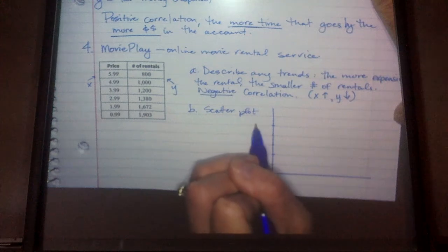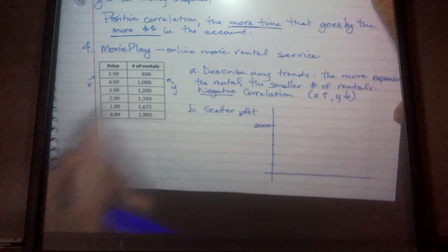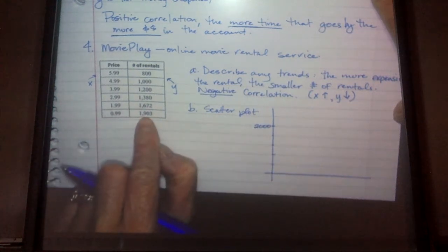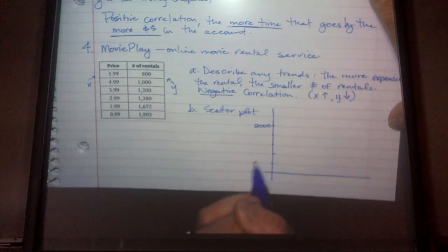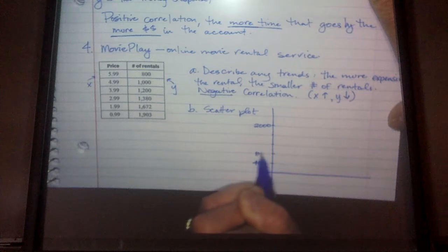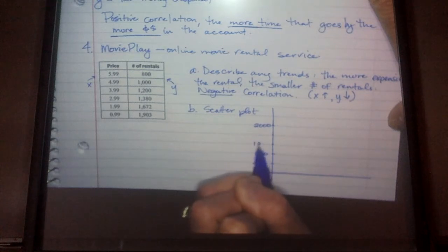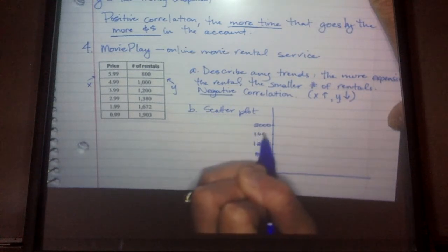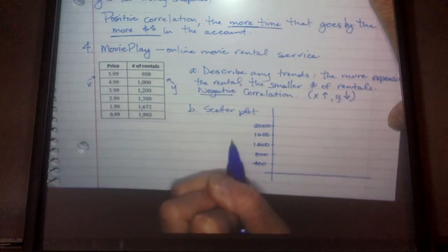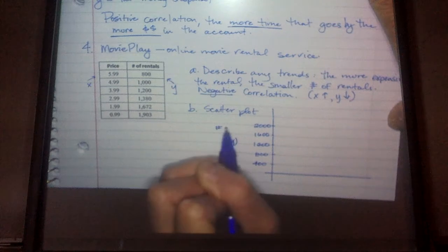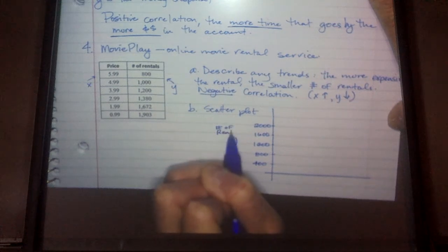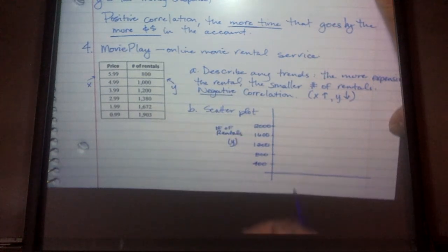Okay, so I'm going to make the top one 2000 because it's close to 1903. And I'm going to make this first one 400. So I'm going to go by every 400. Remember, the number of rentals is Y. So this is number of rentals. Down here should be our price, which is the amount of money. So this is X.